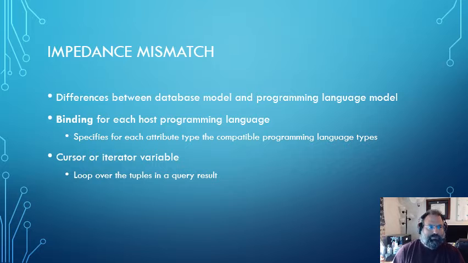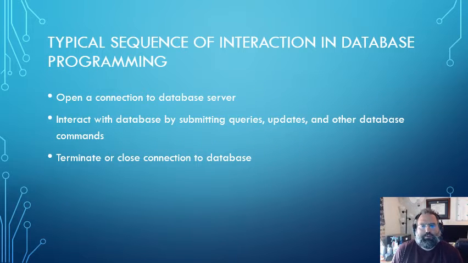when they're being persisted. When we're doing interactions with database programming, there are some typical patterns we follow. The first is to typically open a connection to the database. The second is to interact with the database by submitting queries, updates, or something else to the database. And then oftentimes we terminate or close the database connection. There are variations on that theme, though.